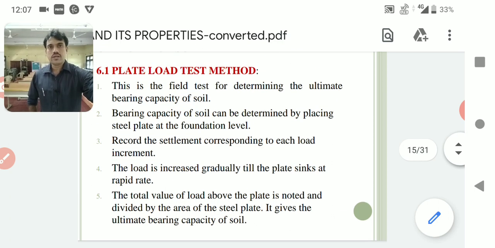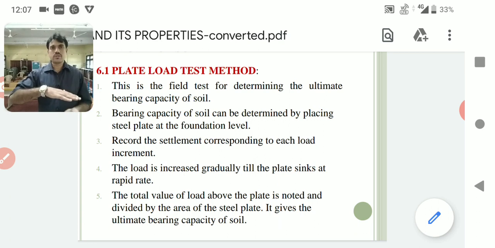In this slide I want to read one or two sentences. What I explained, you can read there. Record the settlement corresponding to each load increment. That means we will increase the load gradually by increments. The load is increased gradually till the plate sinks at a rapid rate.